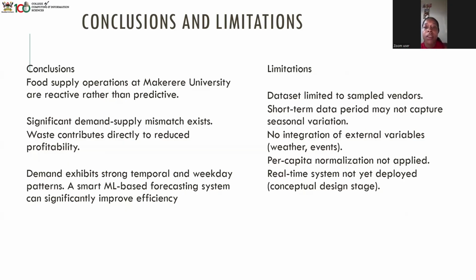Then per capita normalization is not applied and the real time systems are not yet deployed, but they will be deployed in the later stages. Also, our data sets are synthetically generated. We shall have to solve the sim to real domain shift, or sim to real gap, between the simulated and the real world.